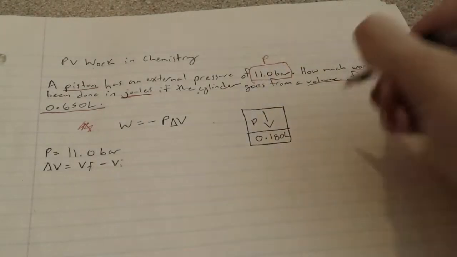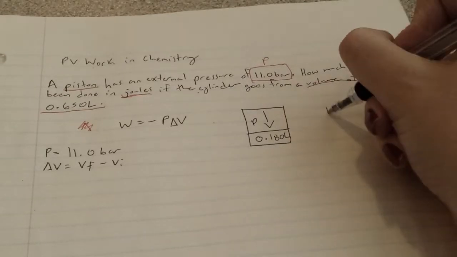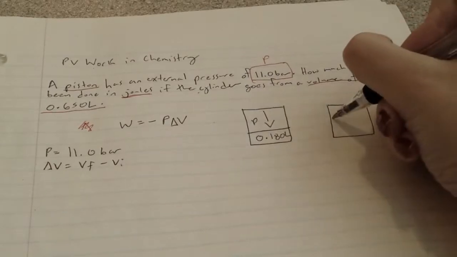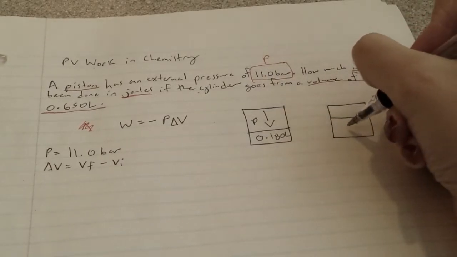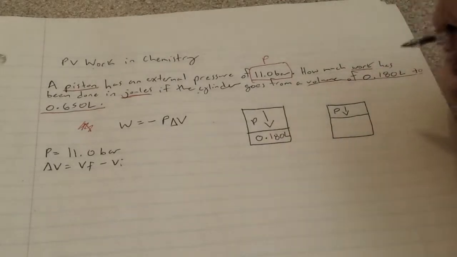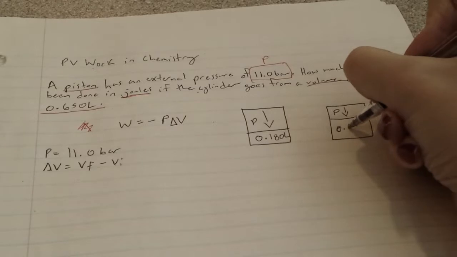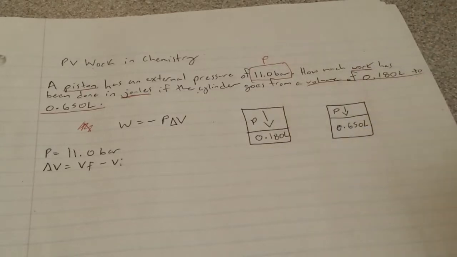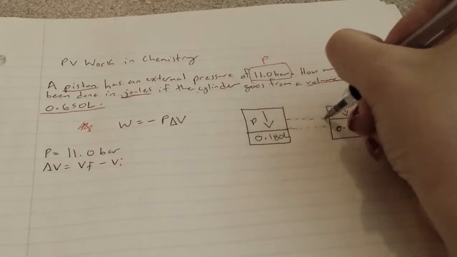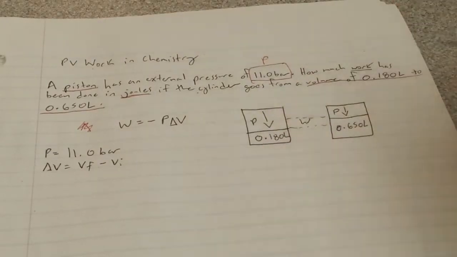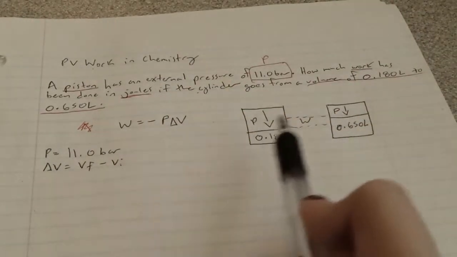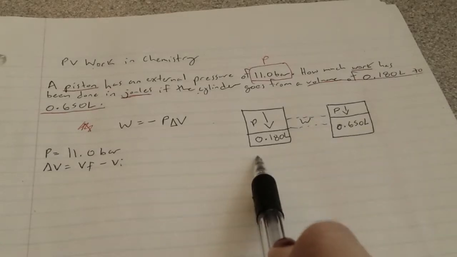But then after the work has been done by the system, the volume increases. We still have the same pressure being exerted on the gas, but the increase to 0.65 liters means that there is a total difference by doing work.